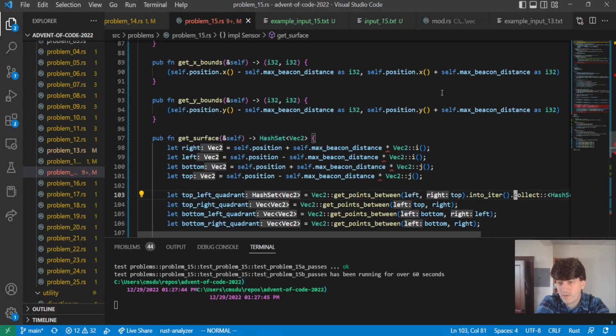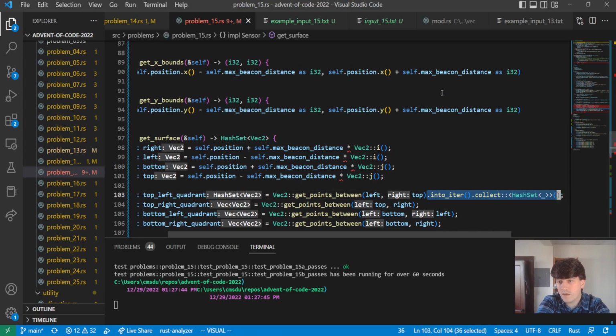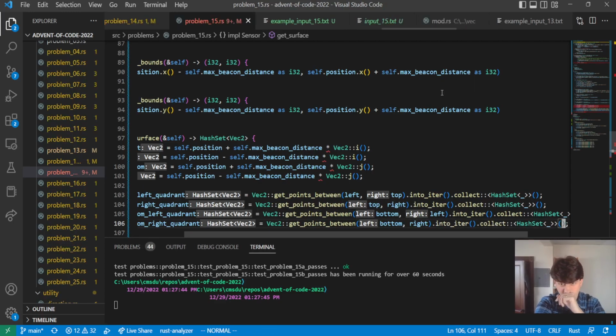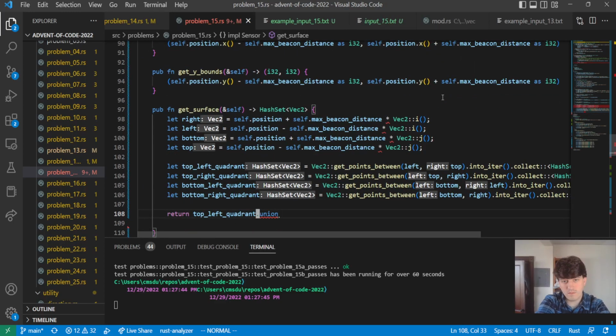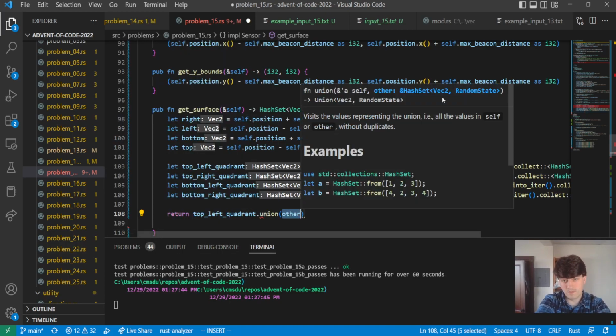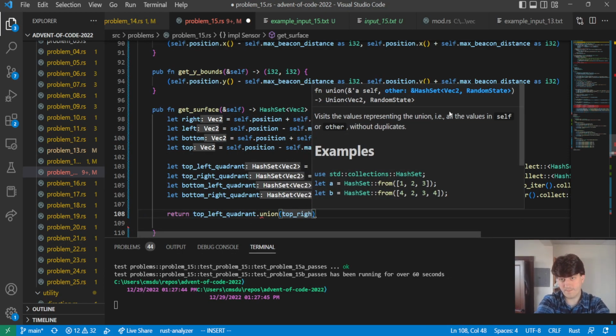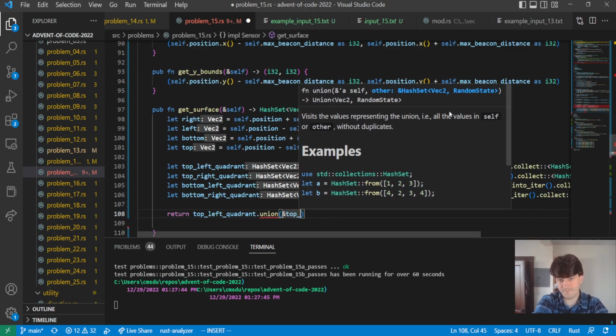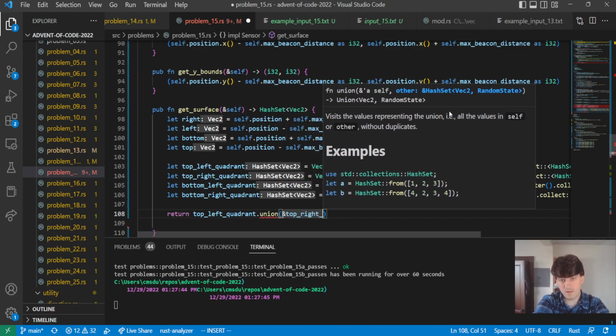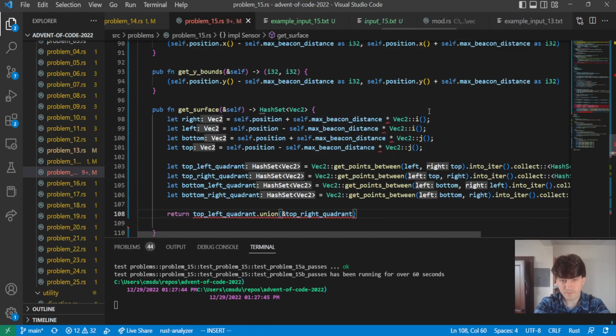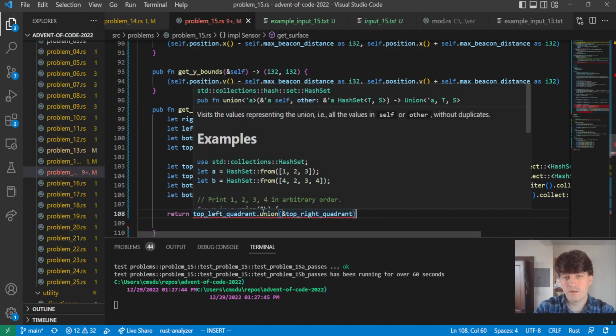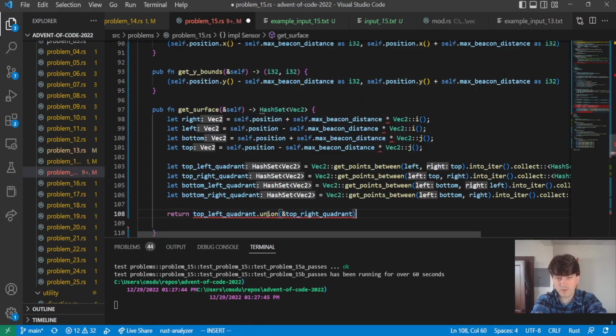Import hash set and union top right should be... why aren't we happy here? Because we get a union at the end, which isn't what we wanted. Can I keep unioning here? Sort of doubt it.